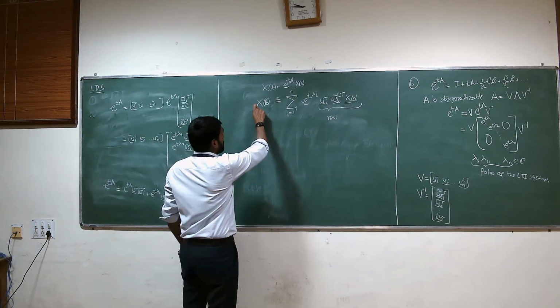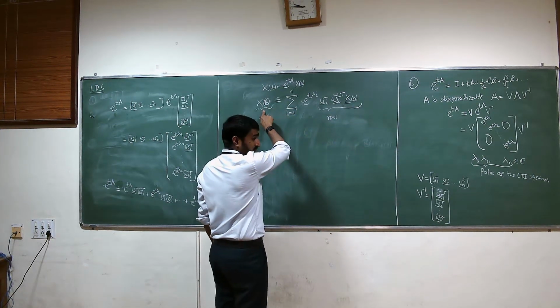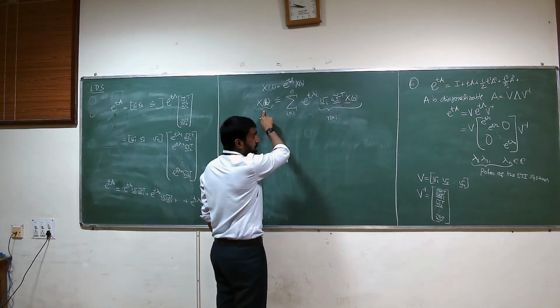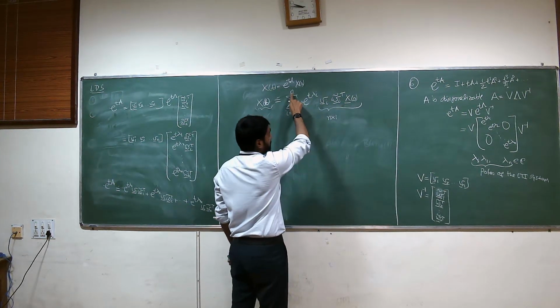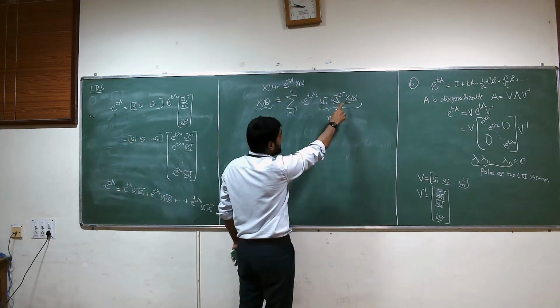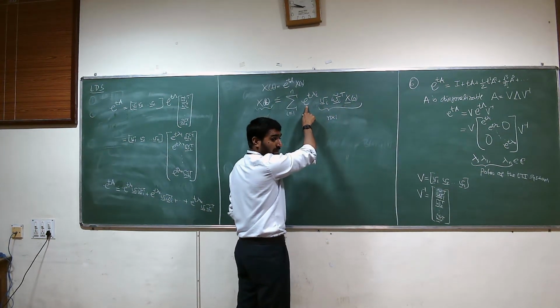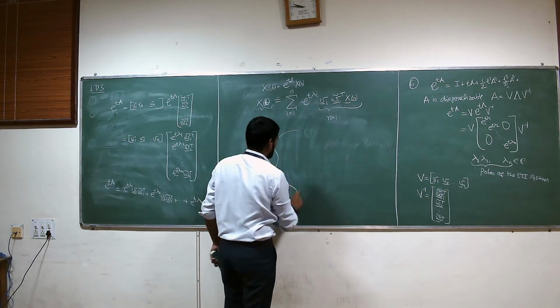What this summation tells us is your zero input response is simply a sum of n vectors of size n cross 1, each of whose magnitude is determined by an exponential term.